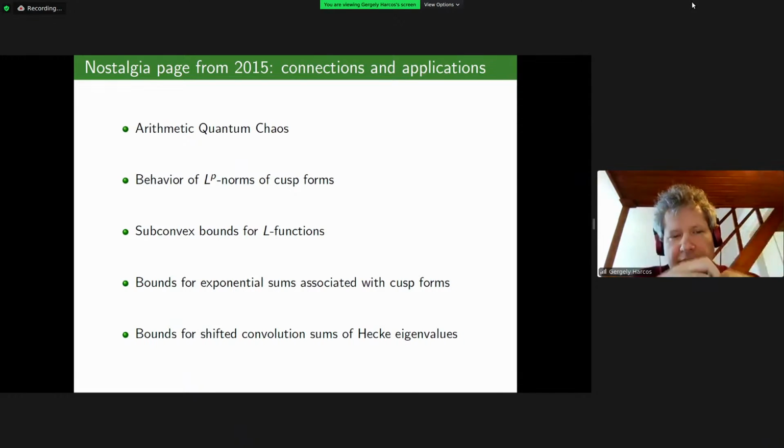A big difference between the two problems is that in the subconvexity problem, we have a very clear understanding of what the trivial or easy bound should be. That follows from the convexity principle of Phragmén and Lindelöf, and by a subconvex bound we mean a bound that is significantly better than the convexity bound.